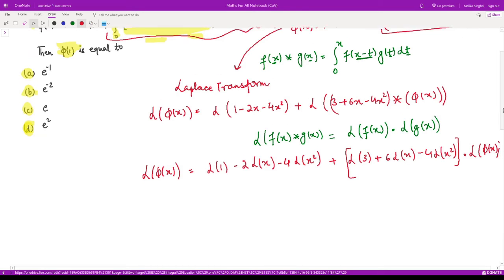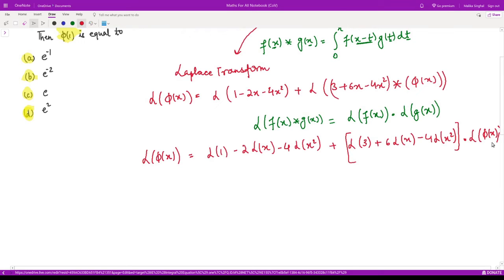So we can take this term common and move this term to the left hand side. So we have Laplace of phi of x times 1 minus this whole term.